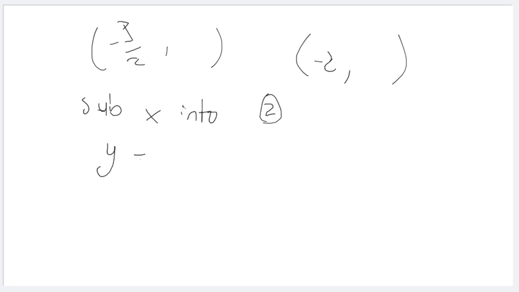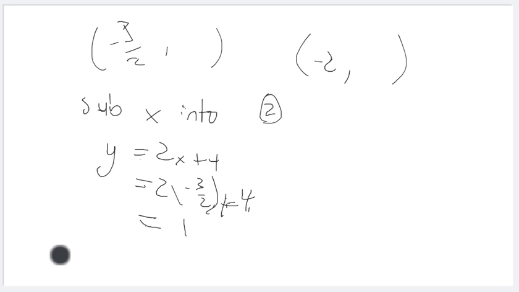So y equals 2x plus 4 will become y equals 2 times negative 3 over 2 plus 4. Which becomes negative 3 plus 4, which is 1. So then I have the point negative 3 over 2, 1.